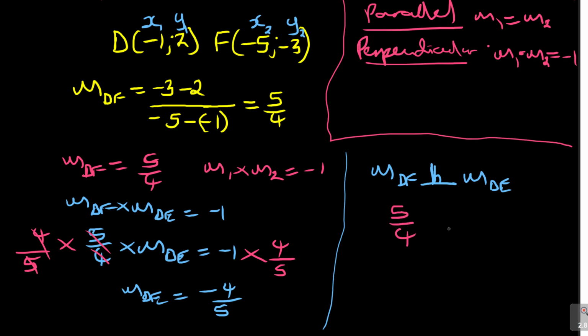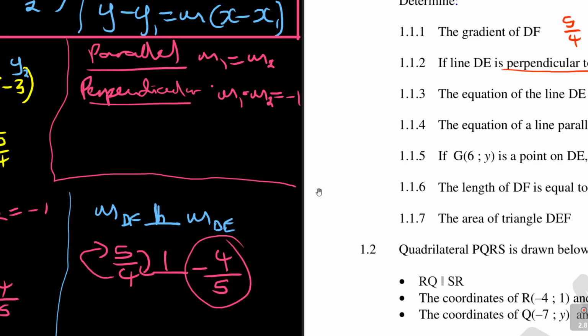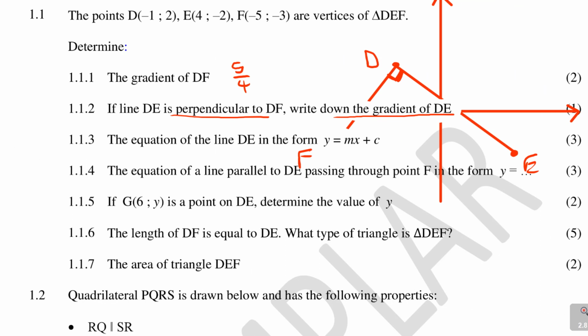If it's perpendicular, you must know that the other gradient you invert, so it's 4/5, and then you put a negative. That's why they say to write down. You can literally write it down. So it's minus 4/5. That's the gradient.